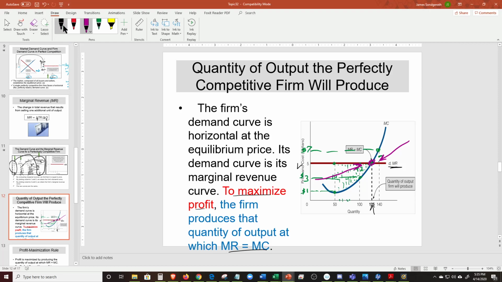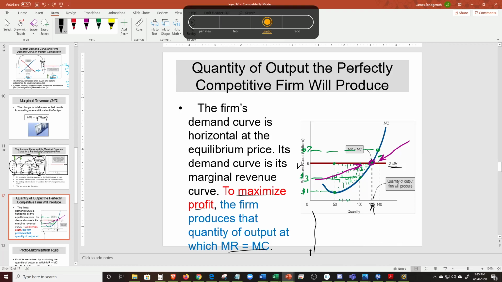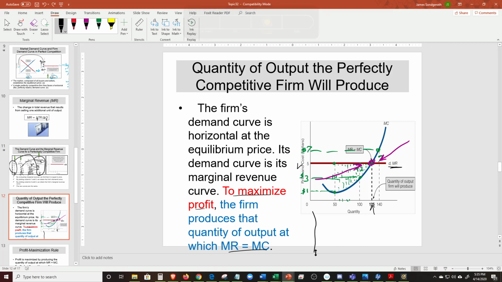We could, let's go back to our pen here, we could draw a graph. I can do a better job than that, I think. Okay, so here's quantity as above, and here's money.